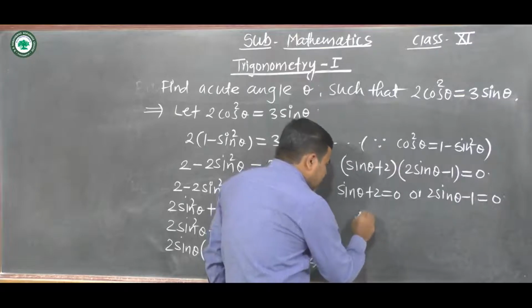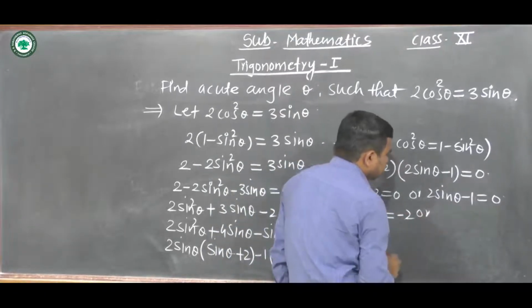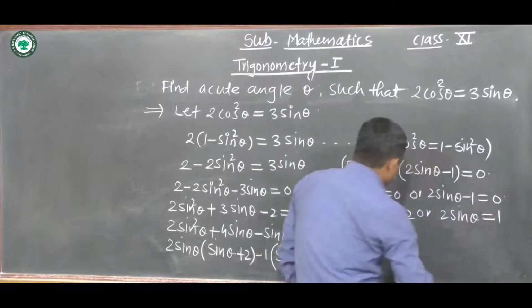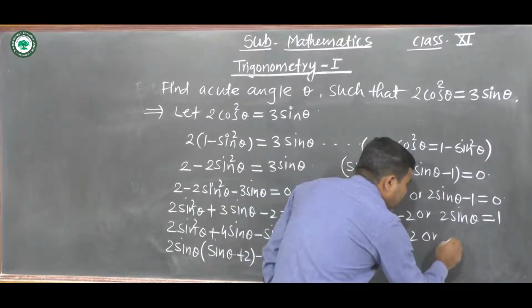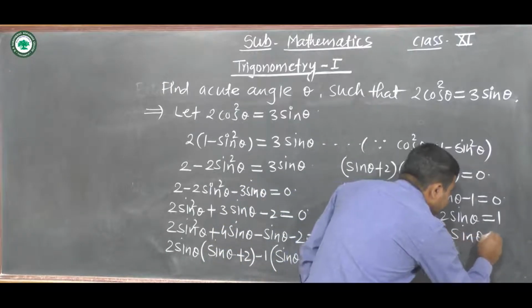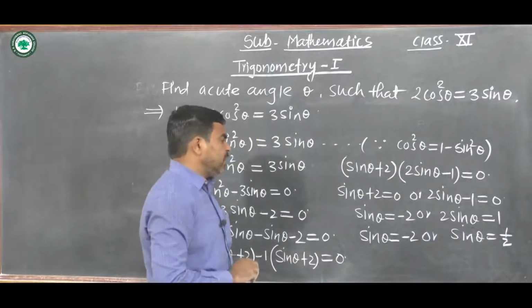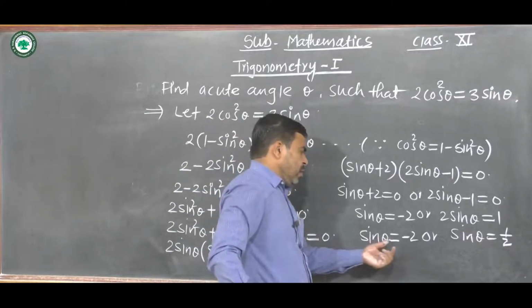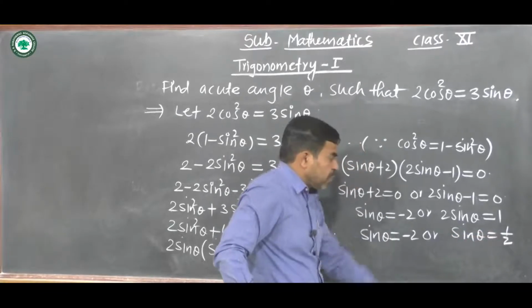It means sin theta is equal to minus 2, or 2 sin theta is equal to 1, so sin theta is equal to 1 by 2. Now see here, we have two values of sin theta: minus 2 and another value plus 1 by 2.